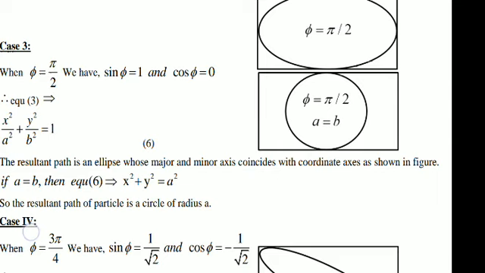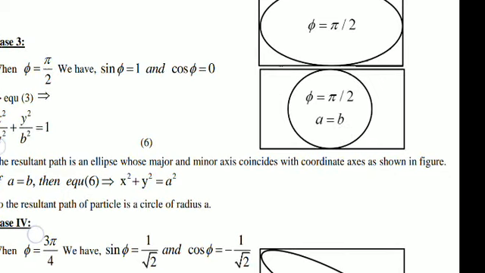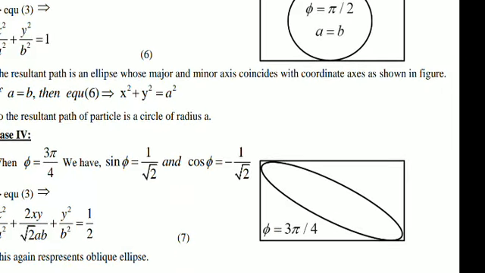So if the phase difference between the two waves is pi by 2 and if the amplitudes of these two waves are equal, then you will be getting the circle. You will see that the particle is tracing a circle. If the amplitudes are not equal, then the particle is tracing a perfect ellipse. So you are looking that we are getting different images, different figures, and those figures are called the Lissajous figures.